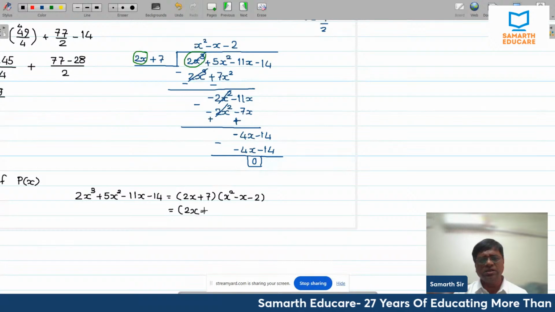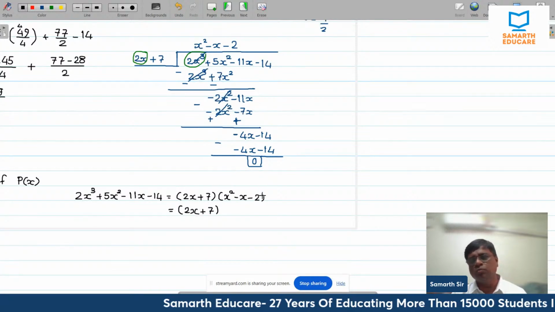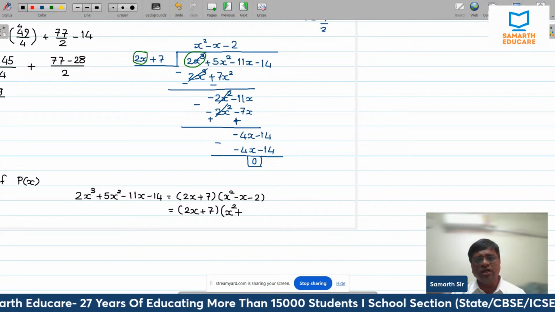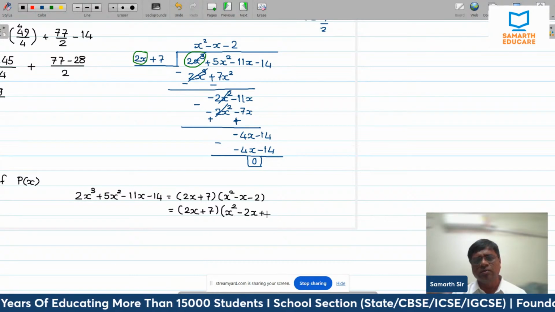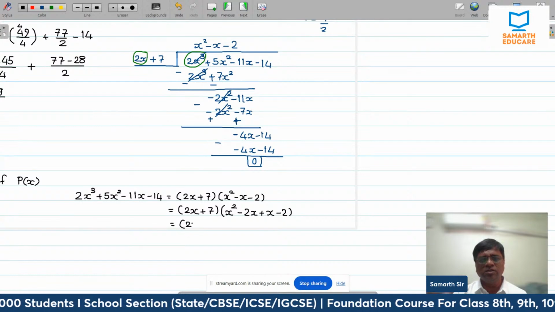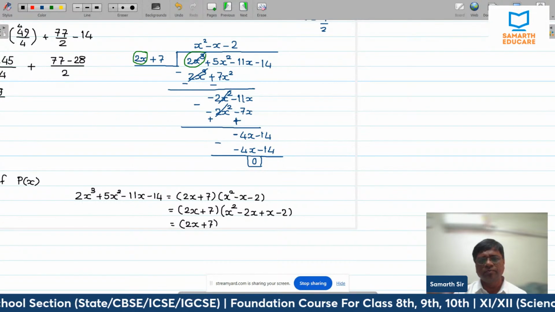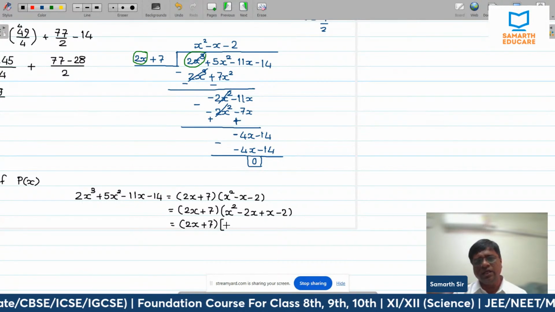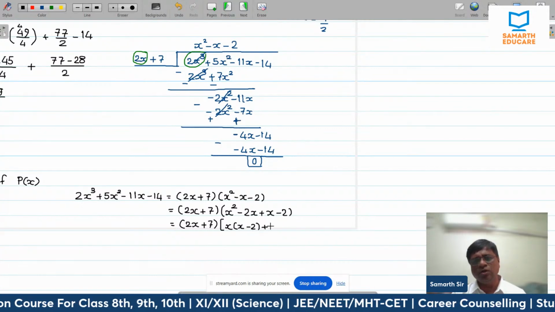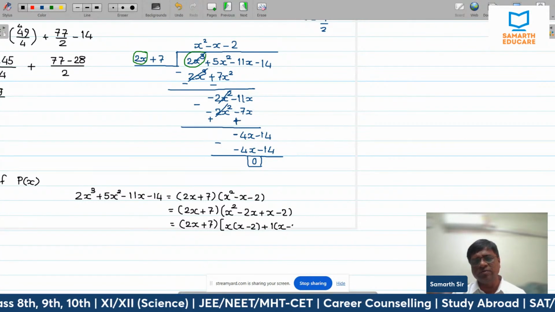Now pay attention, this has minus 2, and it is necessary to factorize it. For x square, the factors are minus 2x plus x minus 2. Now that is equal to 2x plus 7. I take x common from the first two terms, I get x minus 2. Then I take 1 common from the last two terms, I get x minus 2.